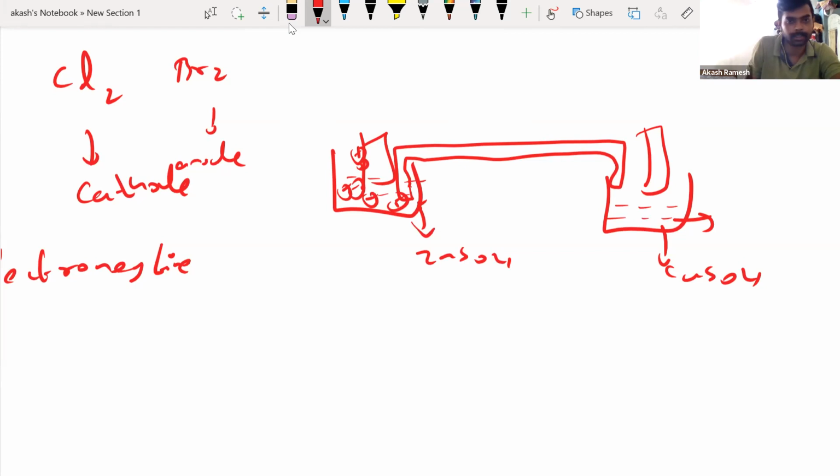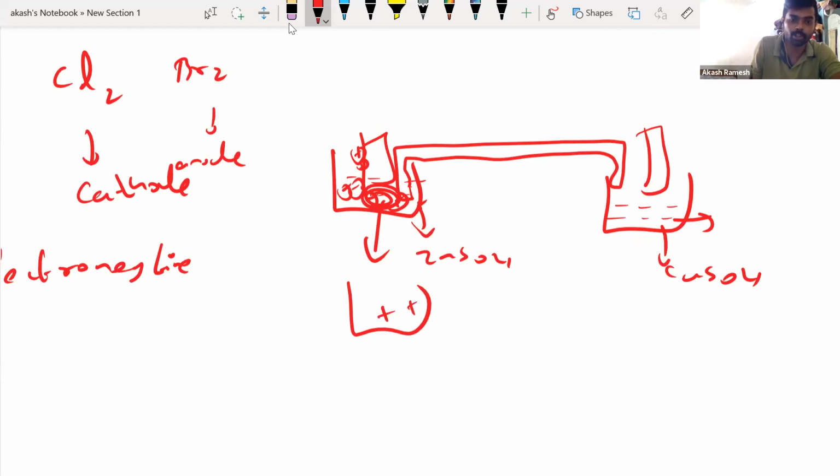Okay. Now I'll just give you a clear-cut idea, people. Inside the solution, zinc is forming Zn2 plus. Zinc is forming more Zn2 plus, so more and more Zn2 plus will be formed.